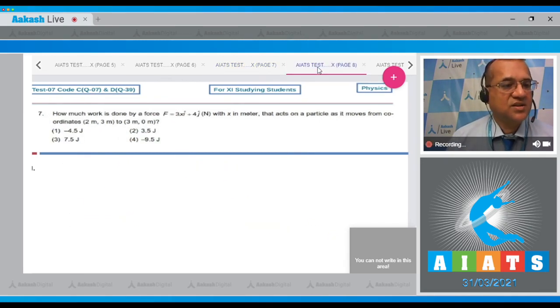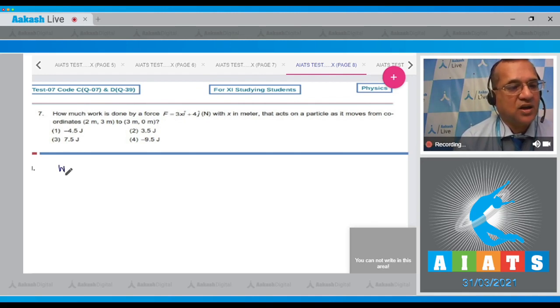The question number 7 says, how much work is done by the force F equal to 3x i cap plus 4j Newton, with x in meter, that acts on the particle as it moves from the coordinate 2 meter, 3 meter to another point 3 meter, 0 meter. Now, dear student, it is a variable force and it's acting in 2 dimensions.